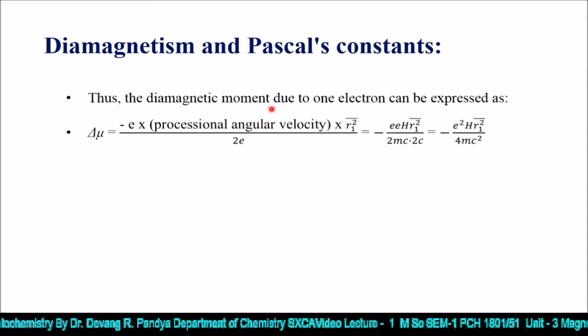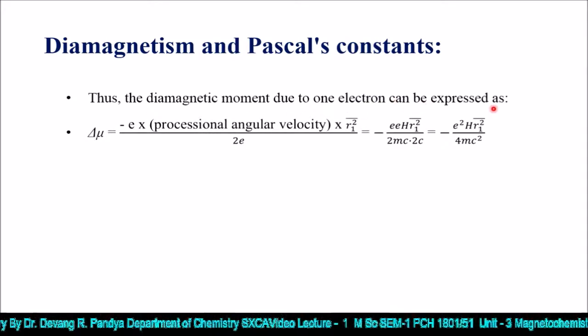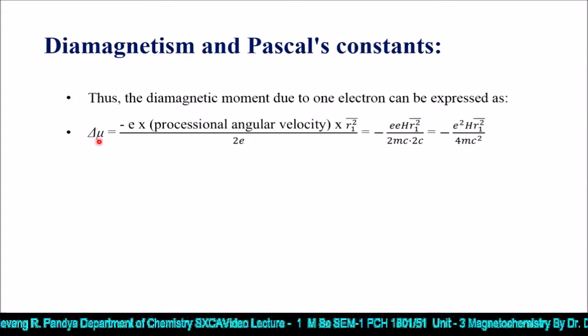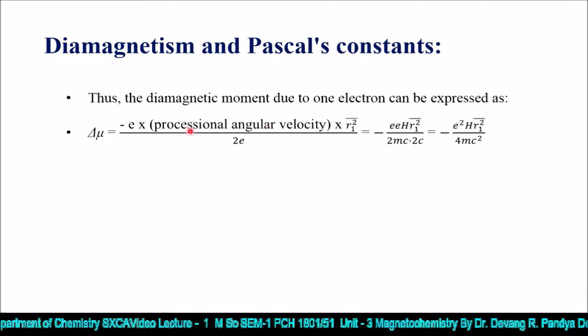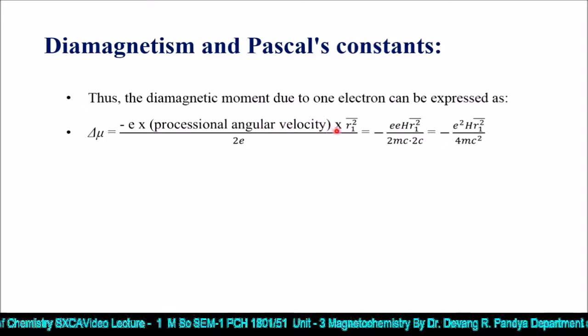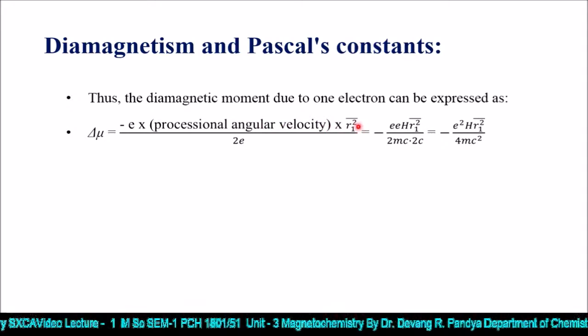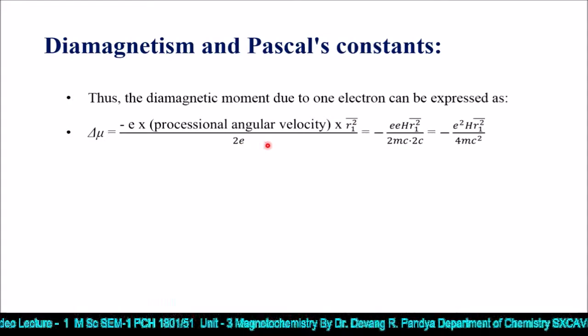Thus, the diamagnetic moment due to one electron can be expressed as delta mu is equal to minus e into the precessional angular velocity into R1 square by 2.